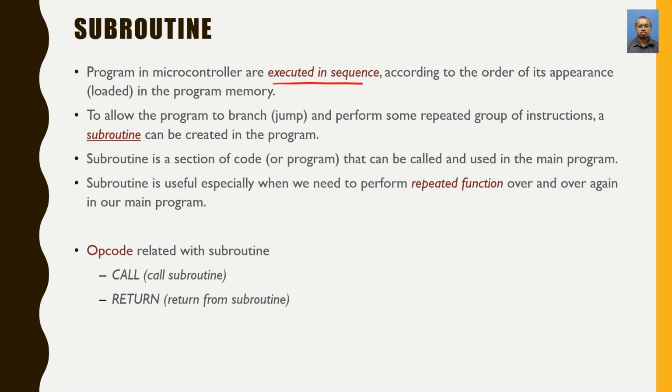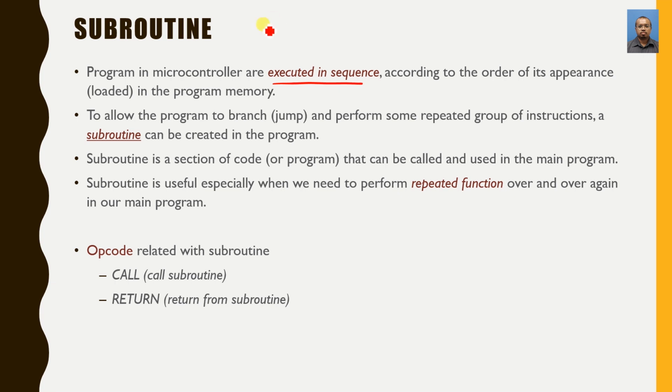To allow the program to branch or to jump and perform some repeated functions, a subroutine must be created. Meaning, if you want to do something repetitively without having to rewrite the same code throughout your program, then you have to use a subroutine. It will save a lot of memory space.